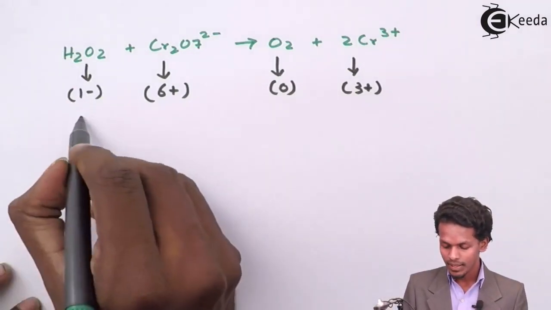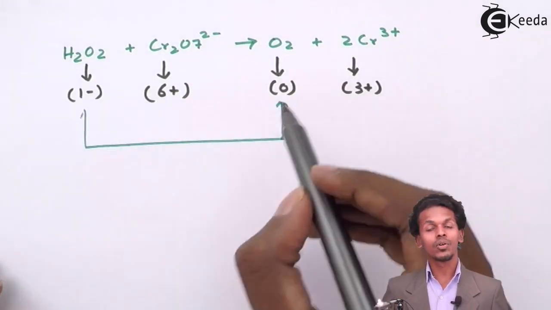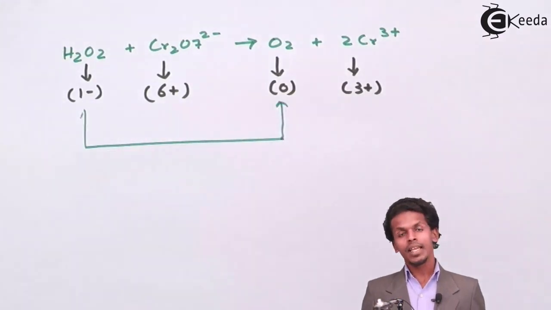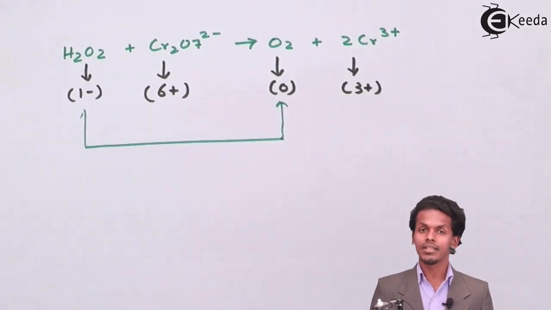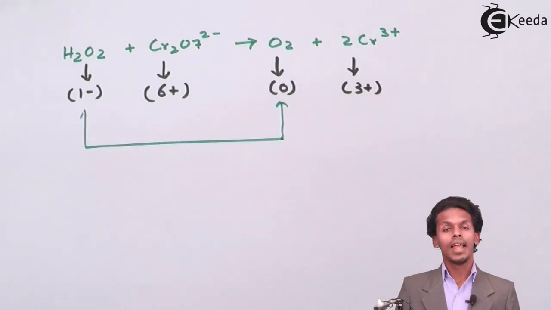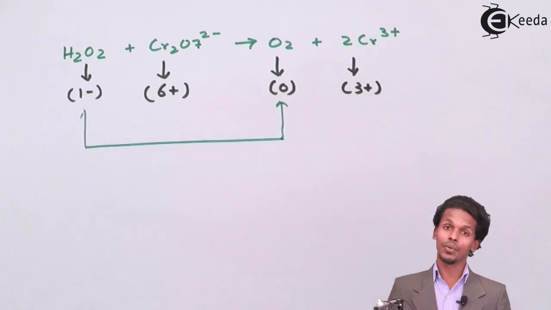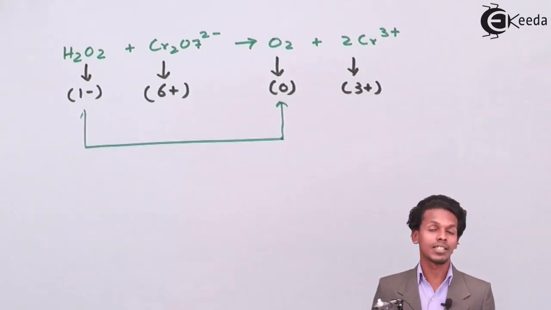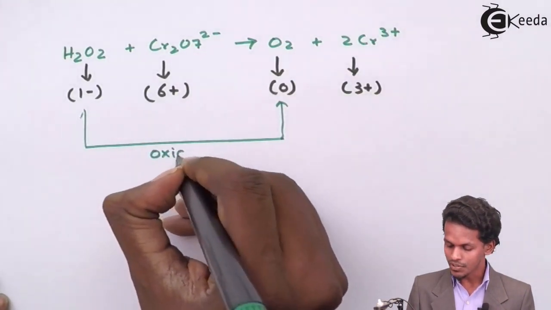As we can see, the oxidation number of oxygen in H2O2 is 1 minus, which is converting into 0, which means electrons are being lost by the oxygen in the H2O2 molecule. Because electrons have been lost, this is an oxidation process.